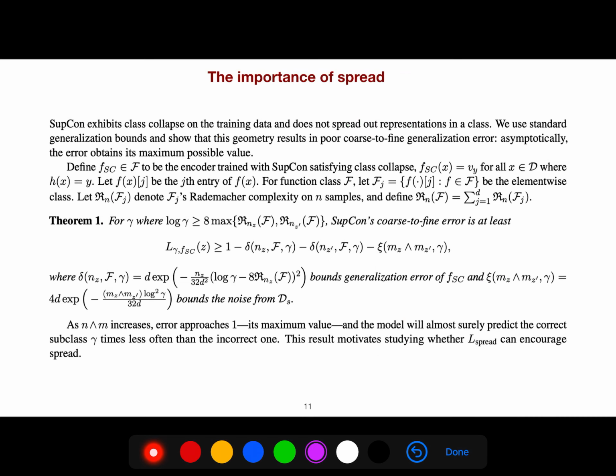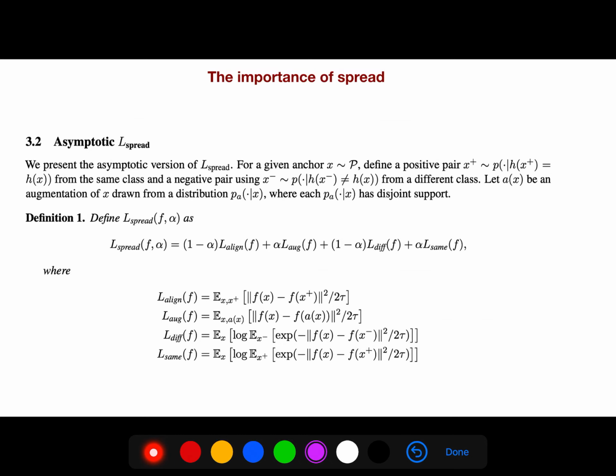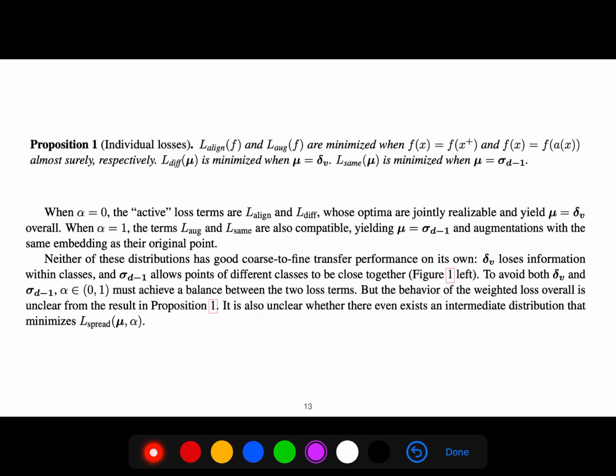So they can prove that the subclass coarse to fine error is at least this one. So this is a lower bound for that. And we can define the loss of spread as a linear combination of alignment, augmentation, difference, and same, that are defined here.